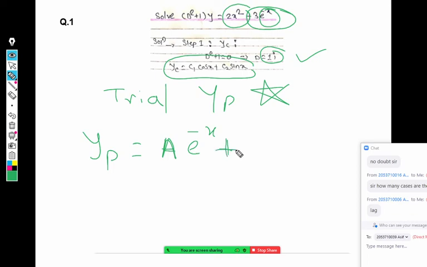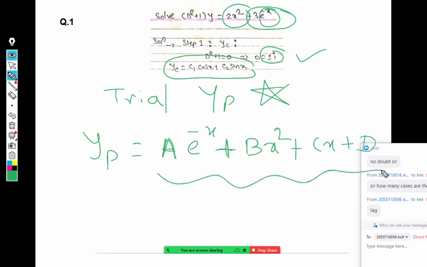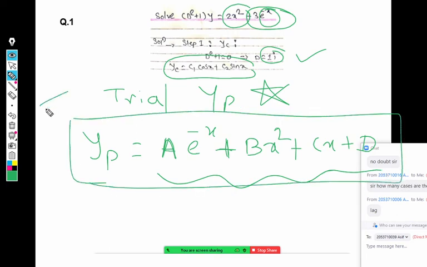I have already taken A, a constant, here, so I will take Bx square plus Cx plus D. This is our trial YP, in which our aim is to get the values of A, B, C, D. It is exactly similar to partial fractions, where we write A upon first linear factor plus B upon second plus C, and we find out those constants. Here we have a different method to get A, B, C, D, but selection of this trial YP is important.